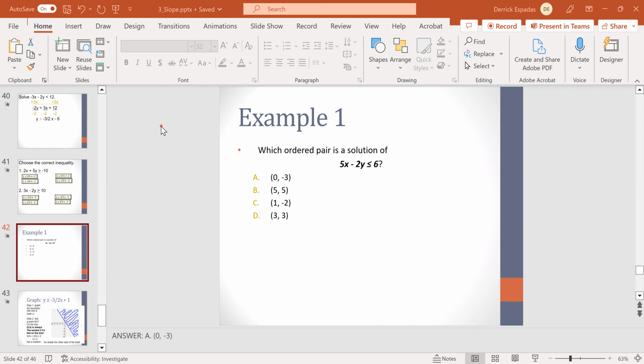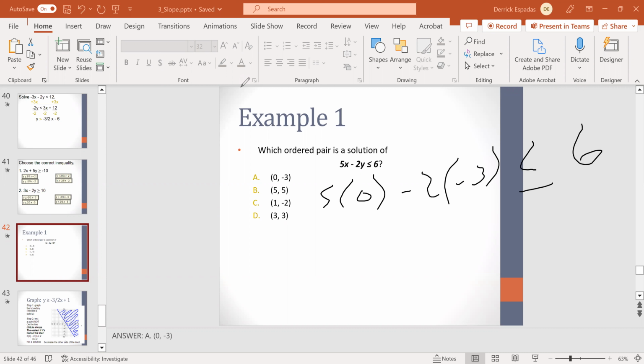So we're going to start off by just plugging in values. 5 times 0 minus 2 times -3 is greater than or equal to 6.